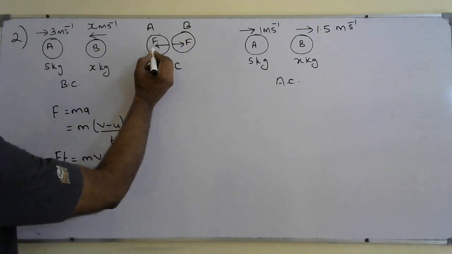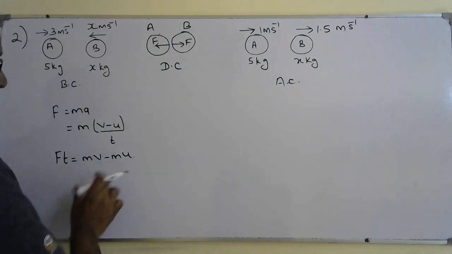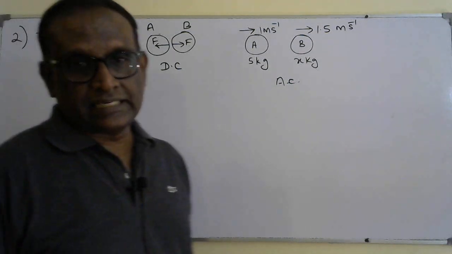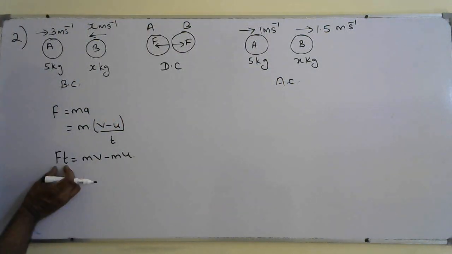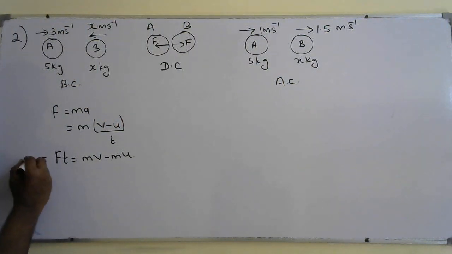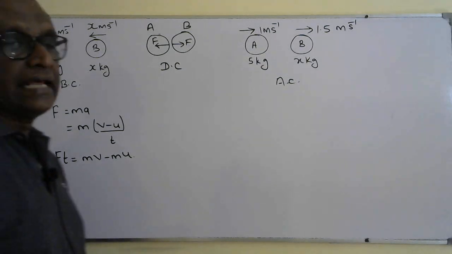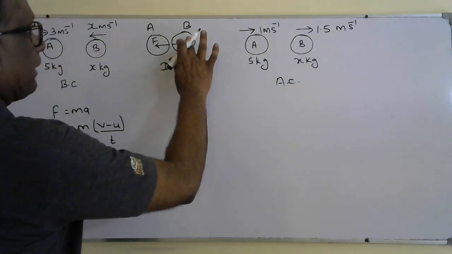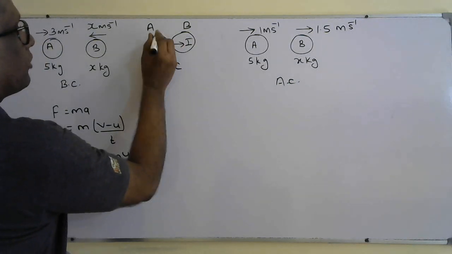Both are experiencing the same magnitude of force for the same time, which means both will have the same magnitude of change in momentum. Ft is called impulse. Both will have the same magnitude of impulse, in opposite direction.